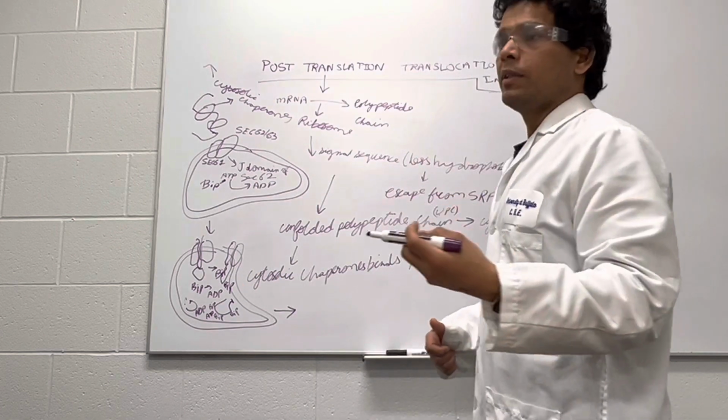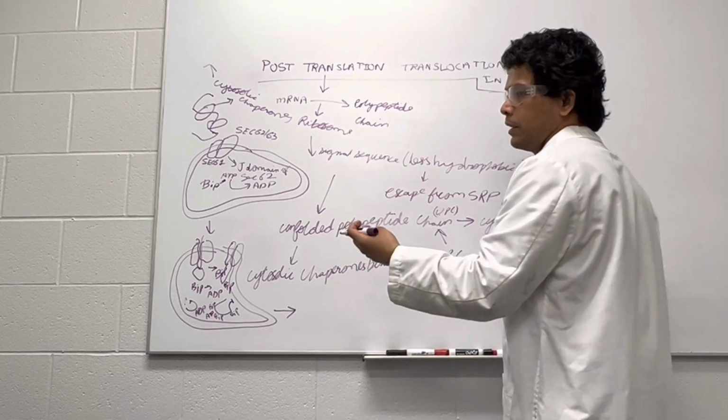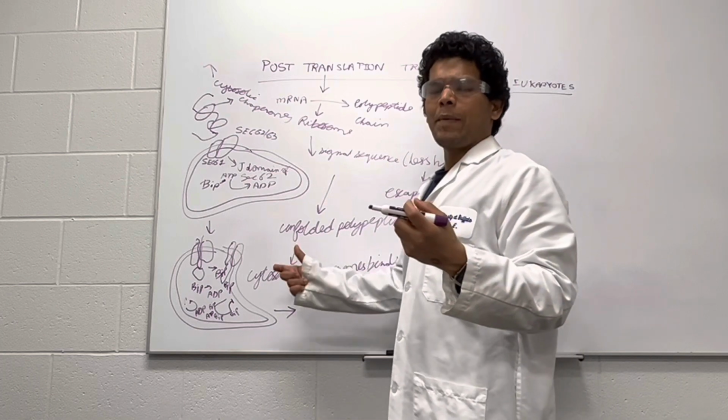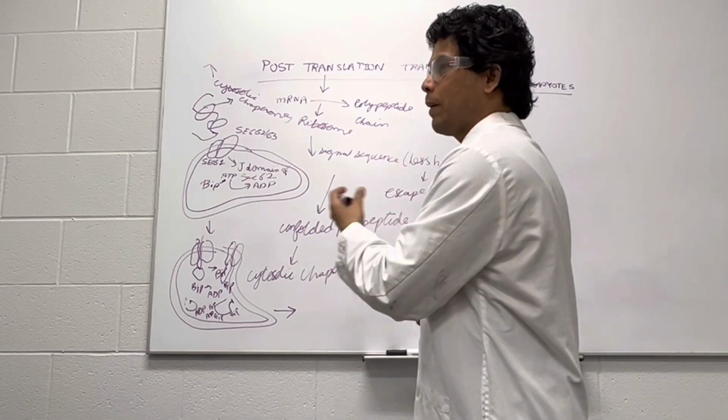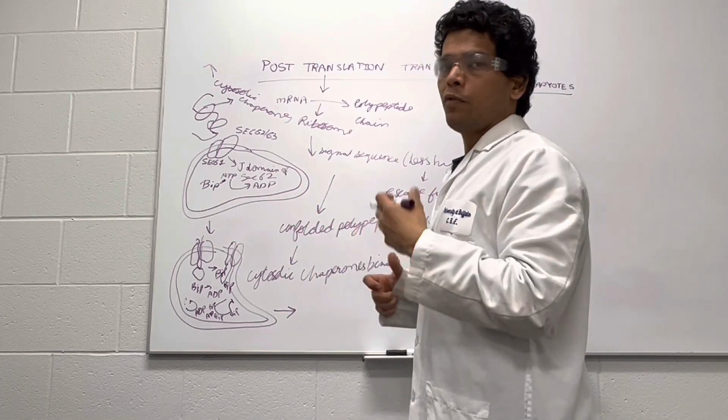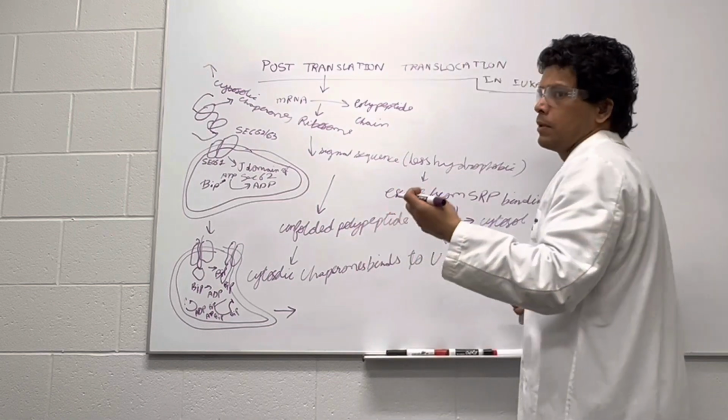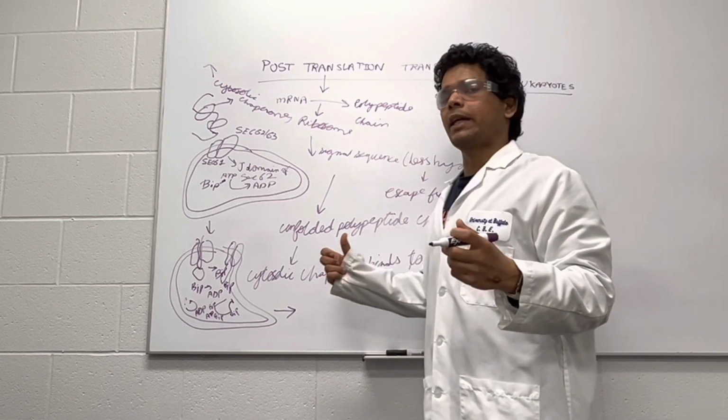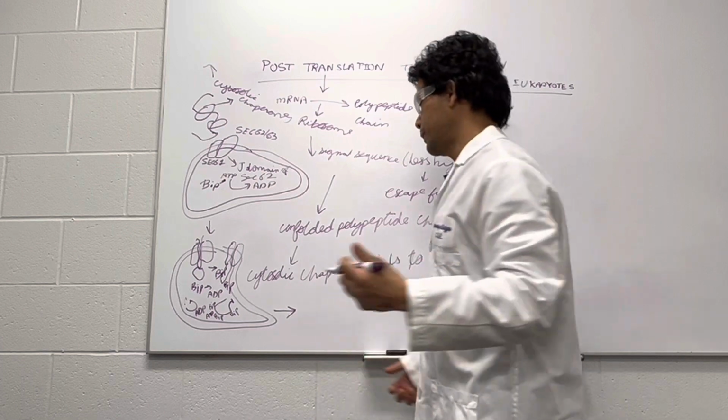At the same time, the binding pockets of the unfolded polypeptide chain, because of which it was not able to fold, are also released. Now the polypeptide chain can take its native form.